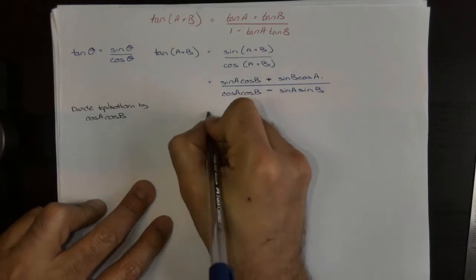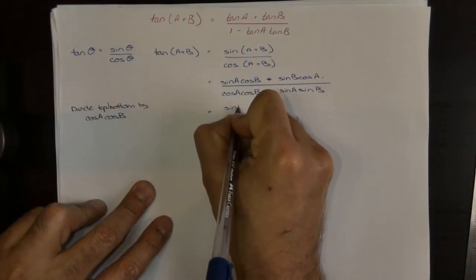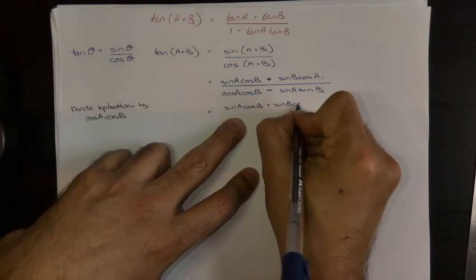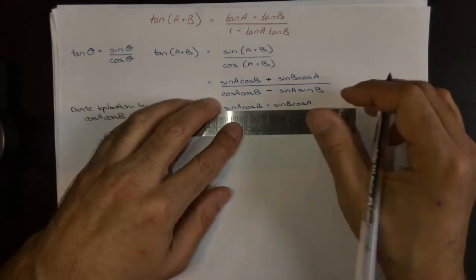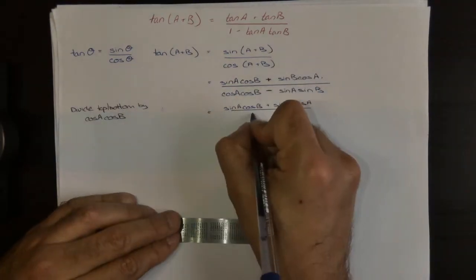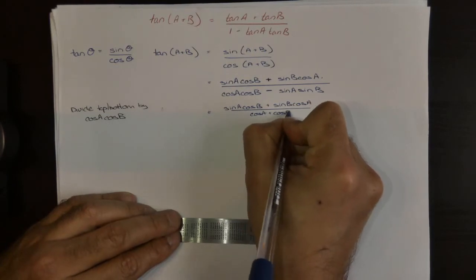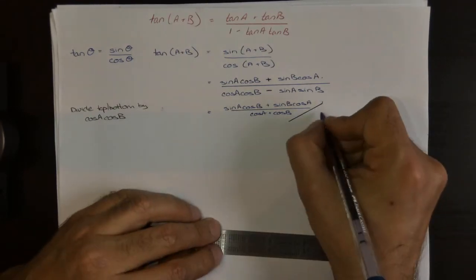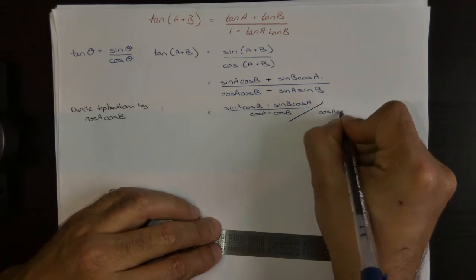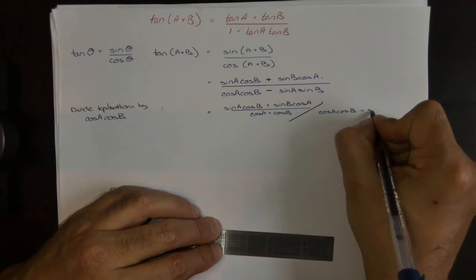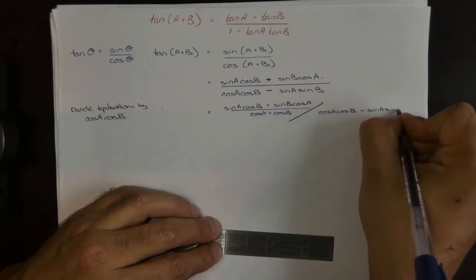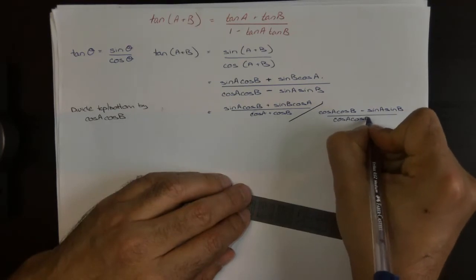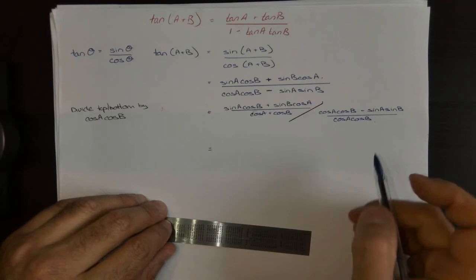So I've got sine A cos B plus sine B cos A over cos A cos B, all over cos A cos B minus sine A sine B over cos A cos B. I'm going to do the bottom part first.